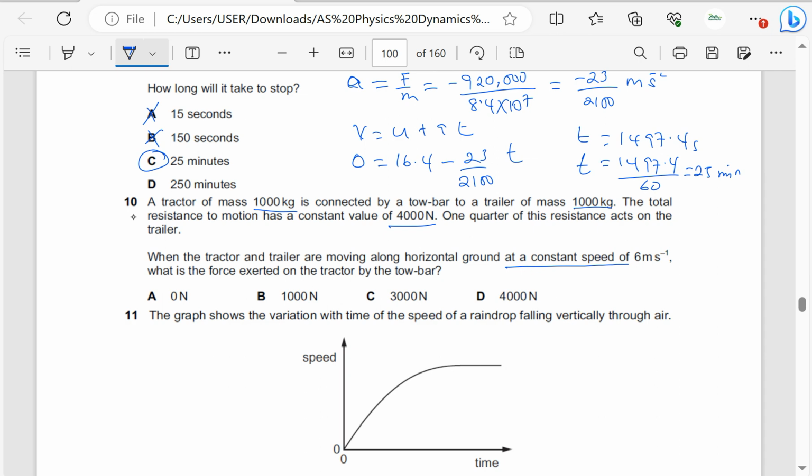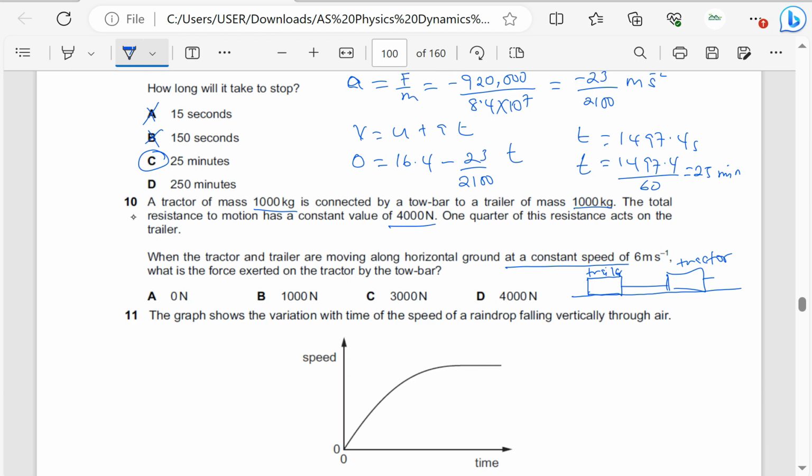So let me just try to sketch this here. Let this be the tractor, and let this be the trailer. So they're on a surface like that. They said 1/4 of this resistance acts on the trailer.